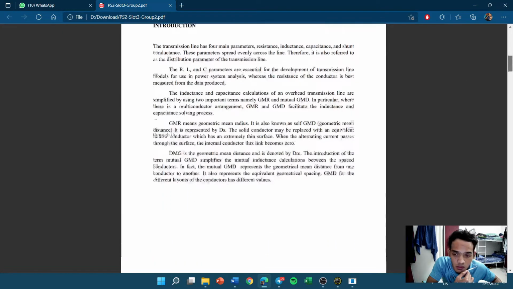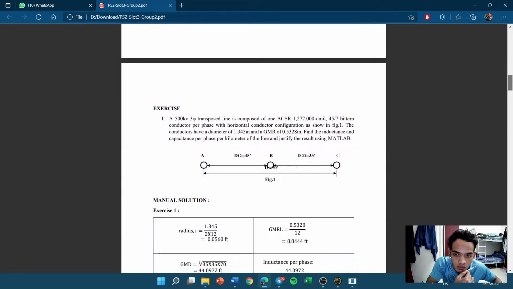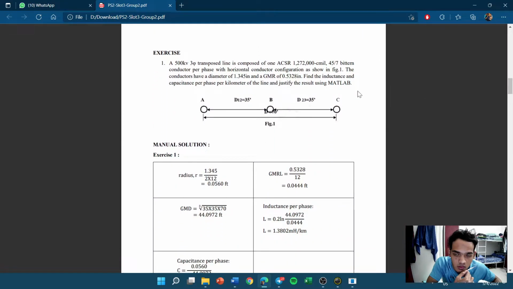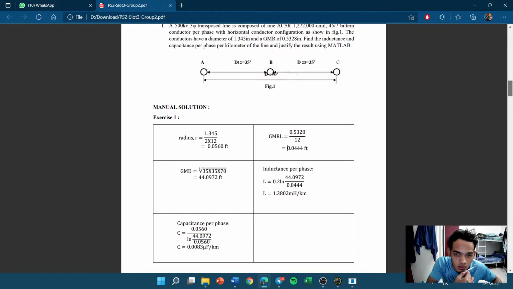So now I will proceed to exercise 1. This is the question for exercise 1, and this is our manual calculation that we have done.